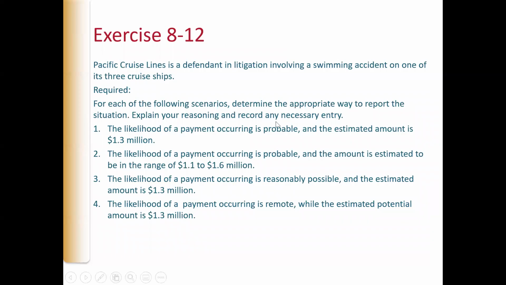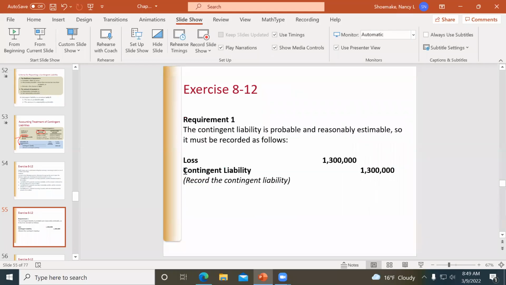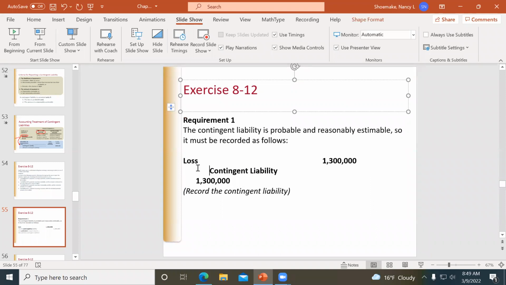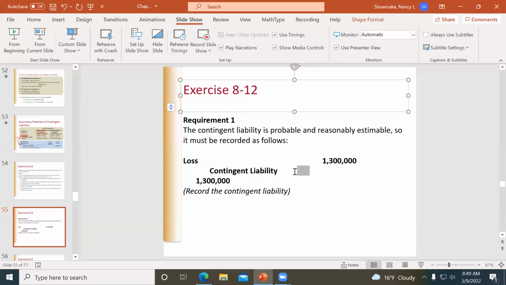So if the likelihood of a payment occurring is probable and the estimated amount is 1.3 million, are we going to do something? Yes. We're going to debit our loss and credit our contingent liability for $1,300,000. Okay.